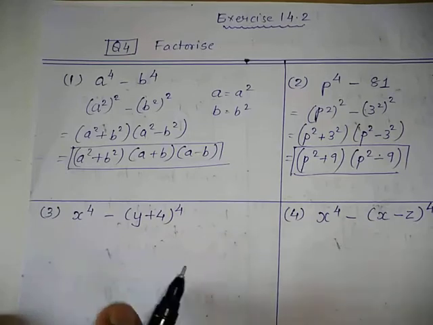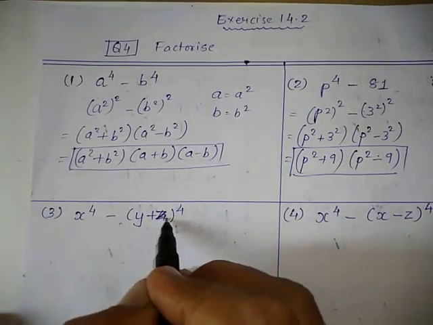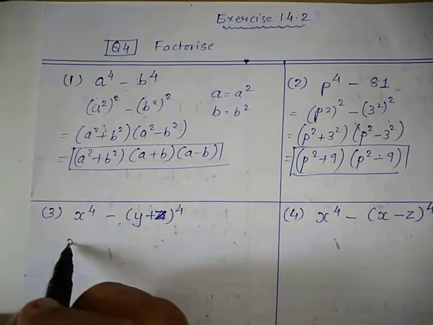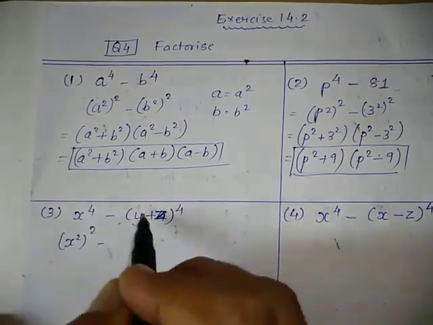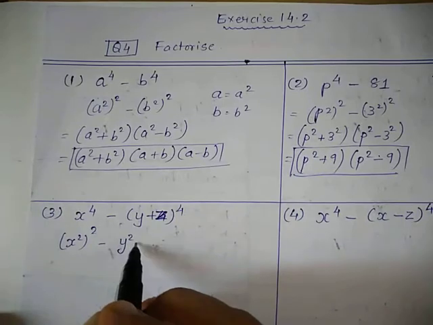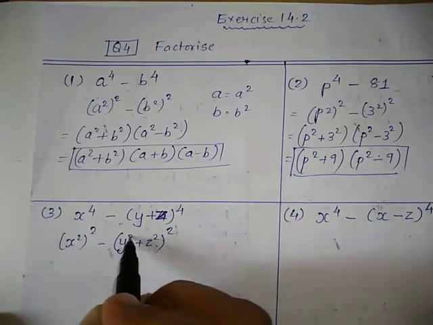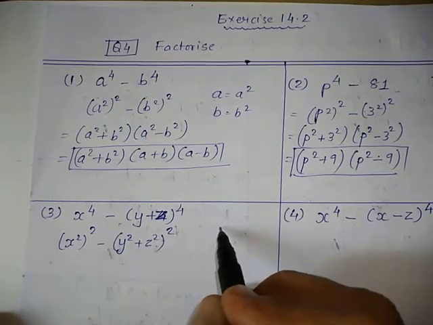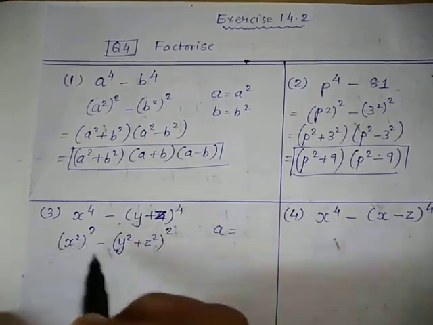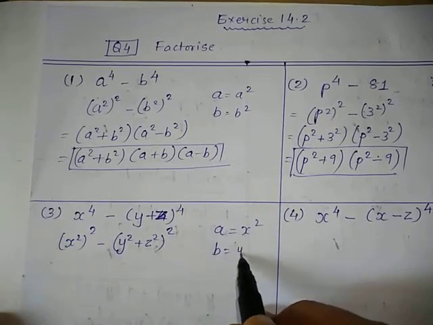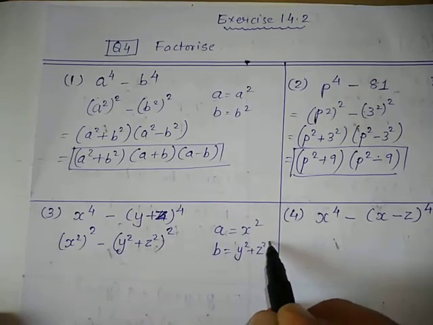Similarly we can go for this, and here the question is x to the 4 minus (y square plus z square) whole square. So x square whole square minus, here we can write y square plus z square whole square, means 2 to the 4, 2 to the 4. Okay, so our a is equal to a square, b square form. So a is equal to x square and b is equal to y square plus z square.